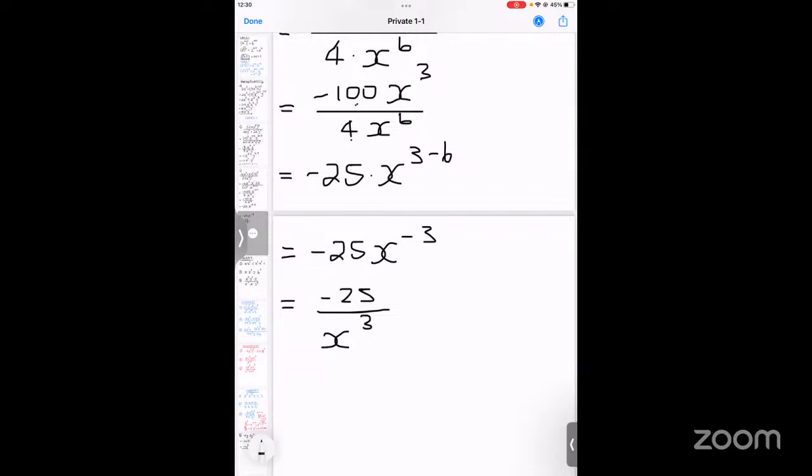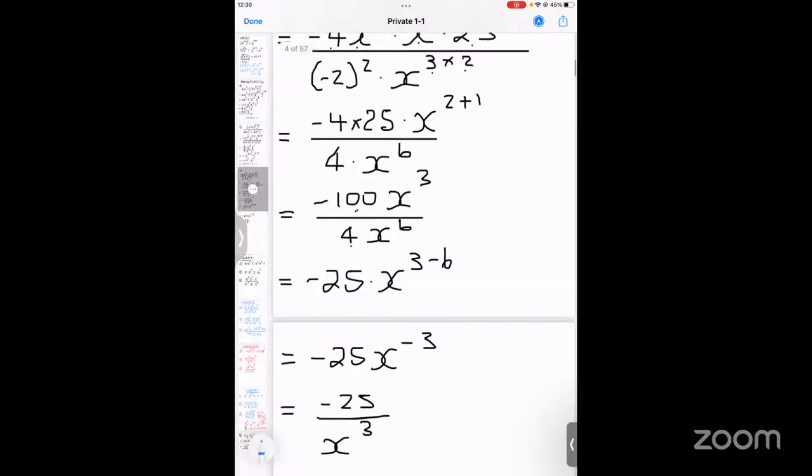Maybe let me explain why. So it's like at this stage, you see, at that stage we have that divided by that, let's already say it's negative 25. Then you have x to the 3. X to the 3 simply means 3 of the same thing over, and then remember these ones we have divided them, they gave us that negative 25. So x to the 6 means 6 of the same thing.